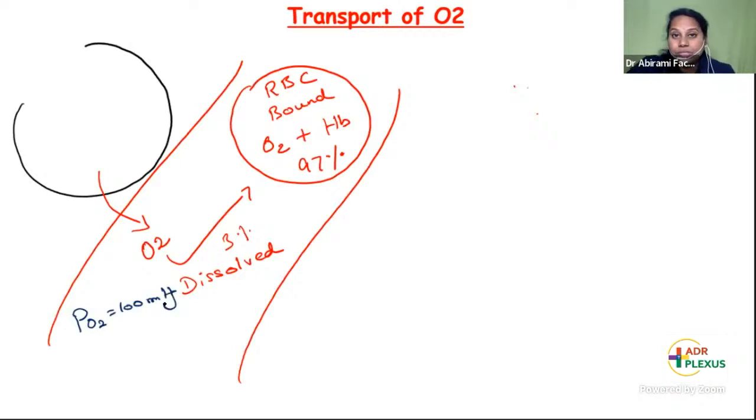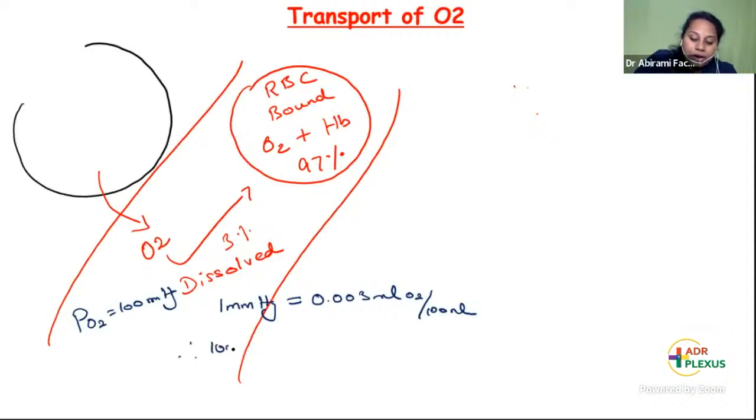So the calculation goes like this. Every 1 millimeter of mercury, your partial pressure inside the arterial blood, is contributed by 0.003 ml of oxygen per 100 ml, or per deciliter.